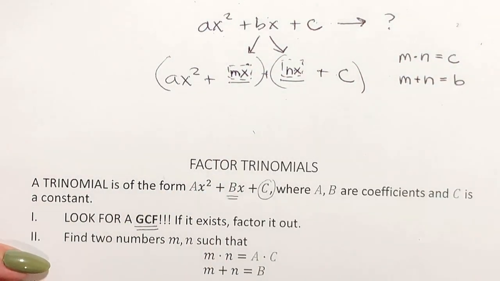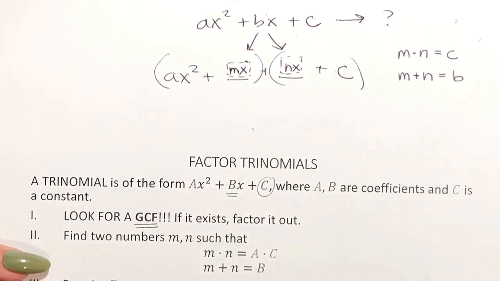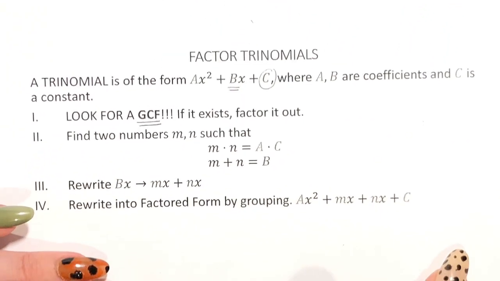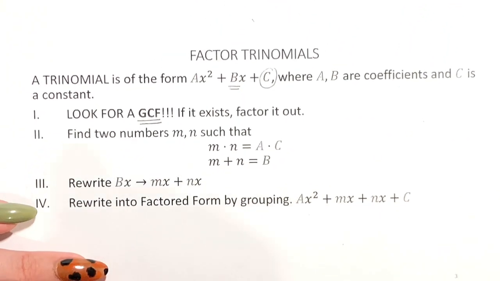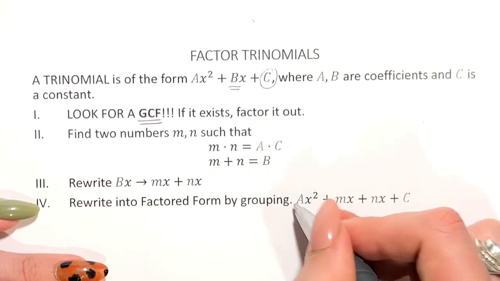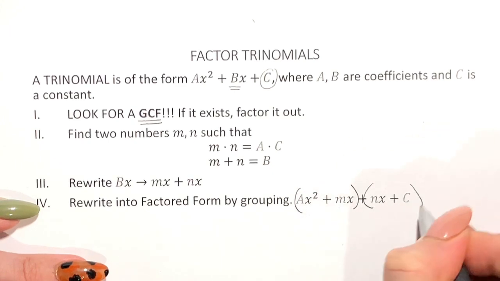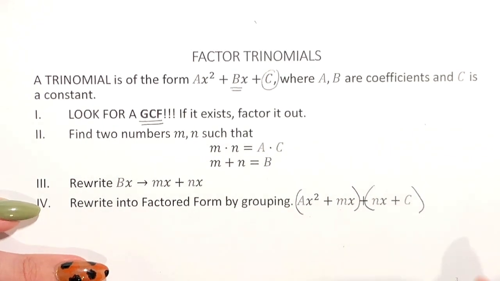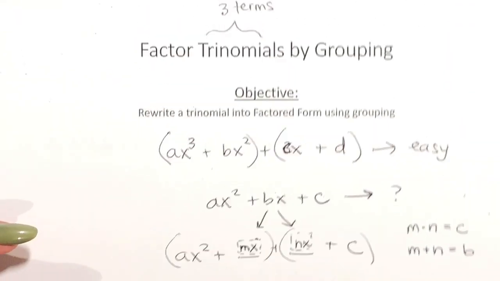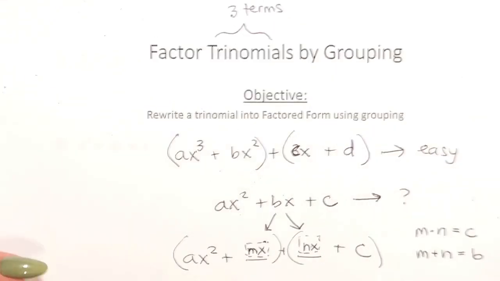That's the idea there, figuring out what the m and the n are. I know when you're just looking at all the variables, you're wondering what in the world she is talking about. When we get to some examples with numbers, it'll be easier. But once you have those 2 numbers, m and n, you can go ahead and do your factor by grouping with those 4 terms. So let's look at some numbers so that it actually makes sense.